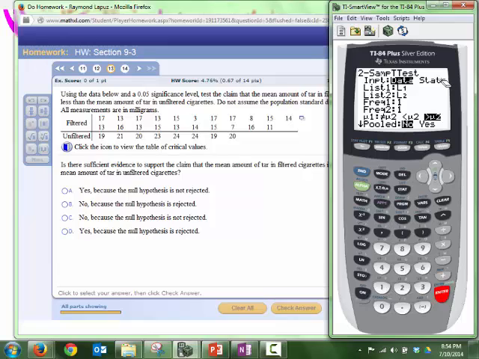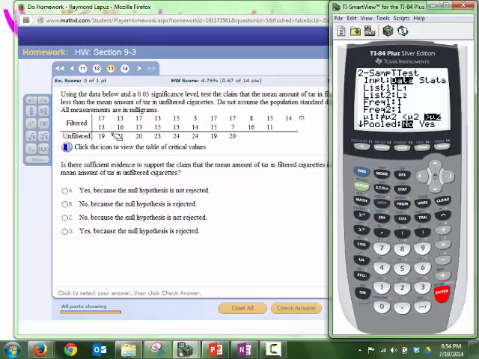If you have the statistics, then you would use the stats. But if you have data, then you can have a calculator do all the calculations for you, including finding the mean and standard deviations for each of those samples, because the calculator can do that really quickly.